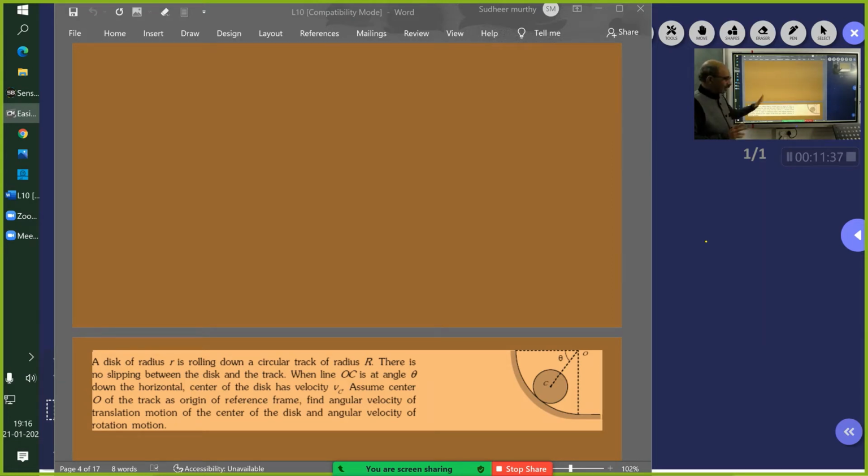First understand the mechanism. What is happening here? This disk is rolling, so it is in contact with the surface. At the contact there is going to be a normal, and that normal is going to be the centripetal force, vis-a-vis centripetal acceleration.